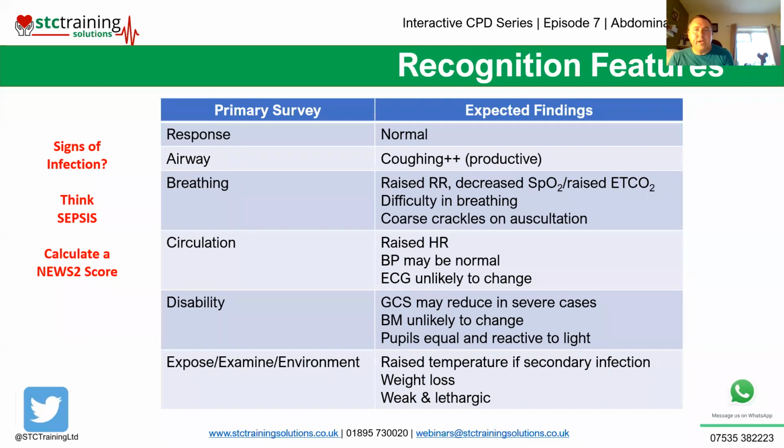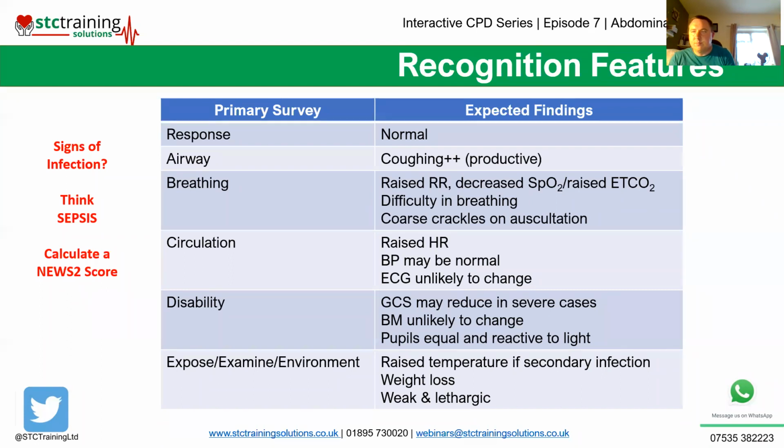Traditionally it affects the lungs more acutely, if we want to look at it that way. So it tends to be more of a productive cough, where mucus is coming up, though obviously not all of it is. You'll see a raised respiratory rate, decreased saturations, increased carbon dioxide, difficulty in breathing, and coarse crackles on auscultation. When you're using your stethoscope, you're going to hear these coarse crackles, because air traveling through thick mucus gives you that low-pitched crackly noise.